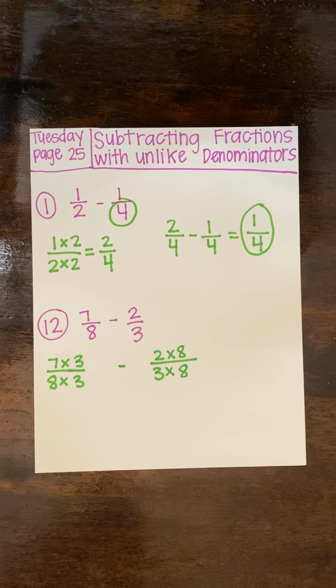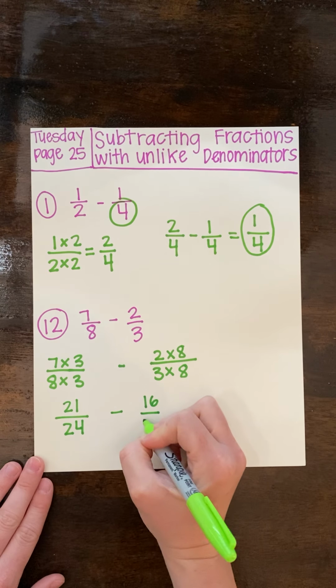So I know that 7 times 3 is 21. 8 times 3 is 24. So I have 21/24 minus 2 times 8 is 16. And 3 times 8 is 24.